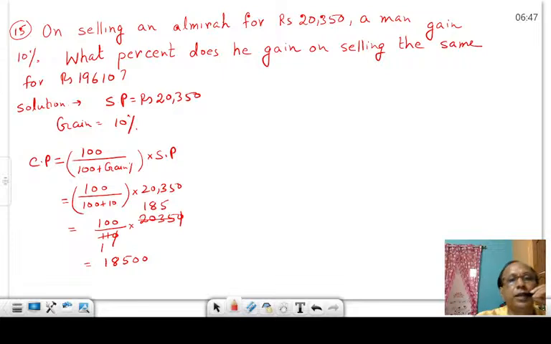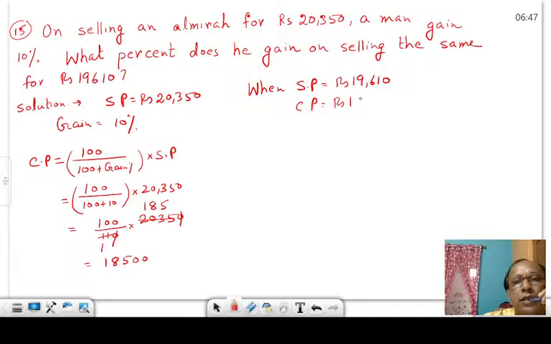Now we'll find when the selling price is rupees 19,610. The selling price is 19,610, and the cost price we got is rupees 18,500.